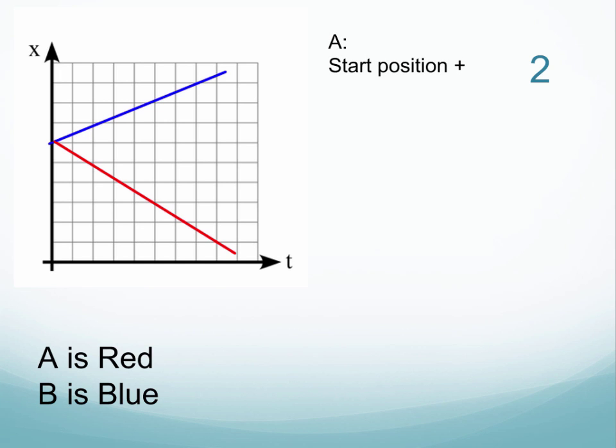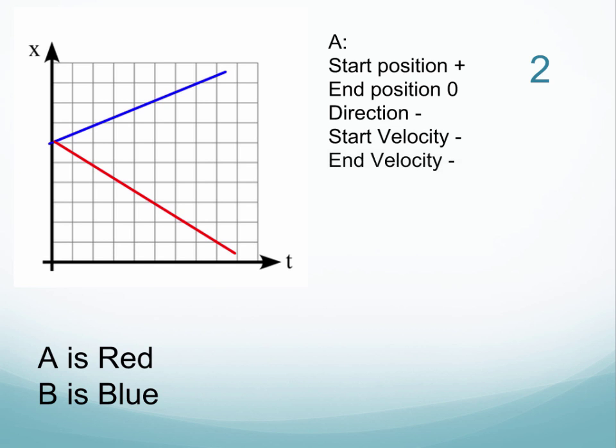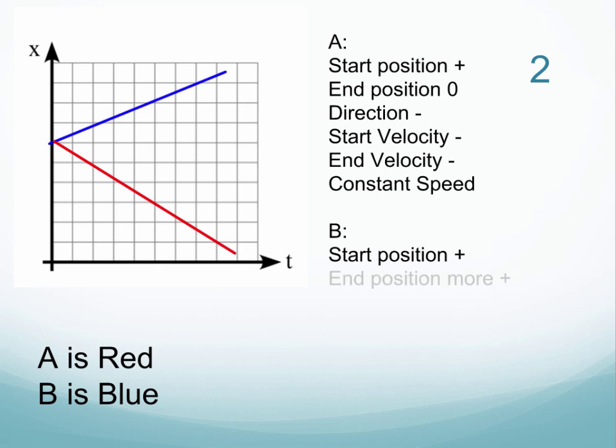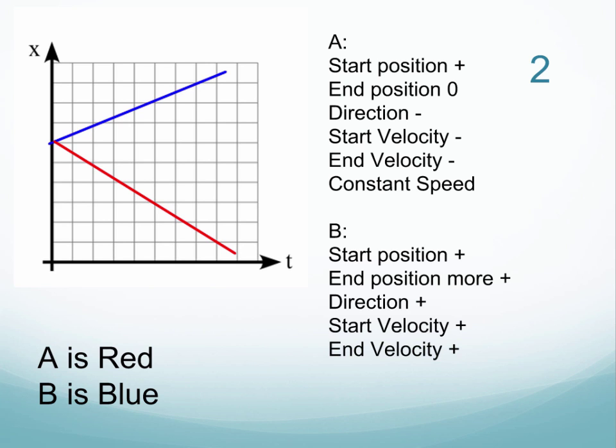Object A had a starting position that was positive, ending position was 0, and direction was negative. Starting velocity was negative, ending velocity was the same negative, and it's going at a constant speed. Object B, starting position was positive, ending position was even more positive, direction was positive, starting velocity was positive, ending velocity was positive, and this is going at a constant speed.